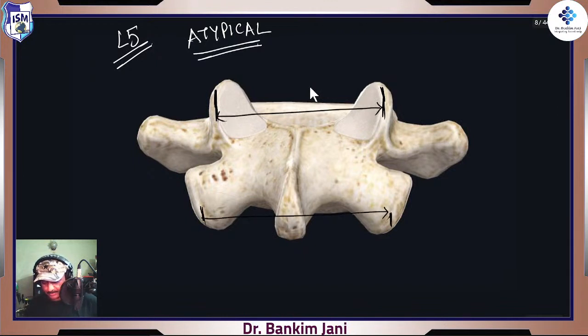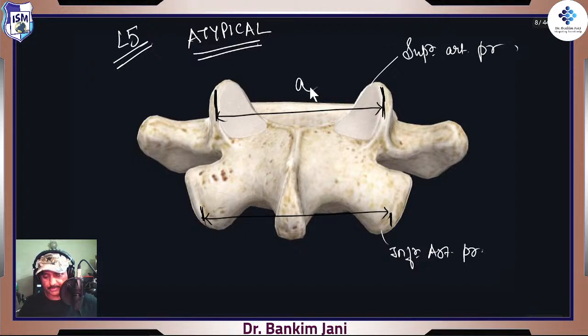This is between the superior articular process and the inferior articular process. To make our understanding easy, we give them the names A and B. In case of L5, B is either greater than or equal to A.